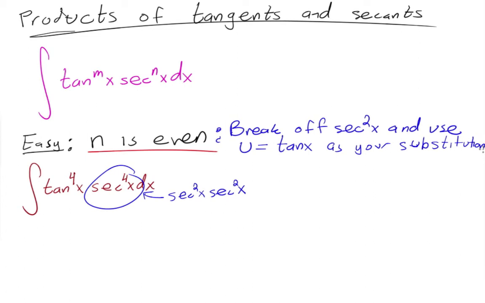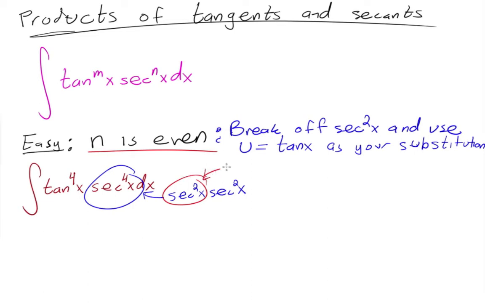And then what would you do with any extra secant squared? Use the identity: you can go from secant squared to tangent squared. It's really similar to the sine and cosine case.